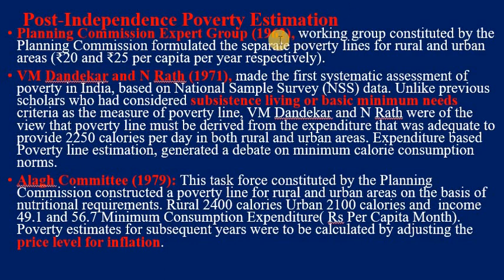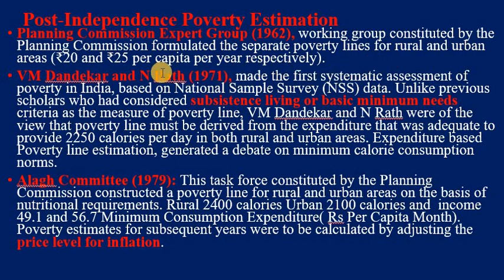Post-independence, in 1962, a working group constituted by the Planning Commission formulated a separate poverty line for both rural and urban areas, that is 20 to 25 per capita per year.